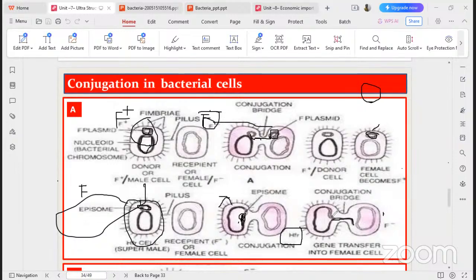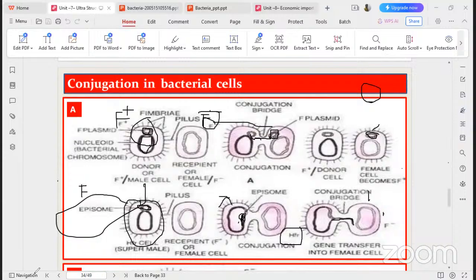The genetic material mixed with the plasmid enters into the F minus, so that it also becomes HFR.